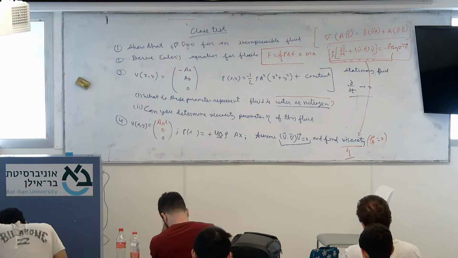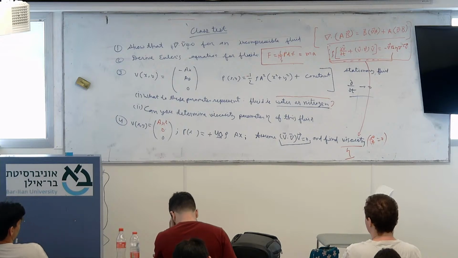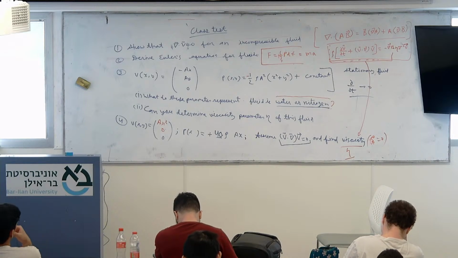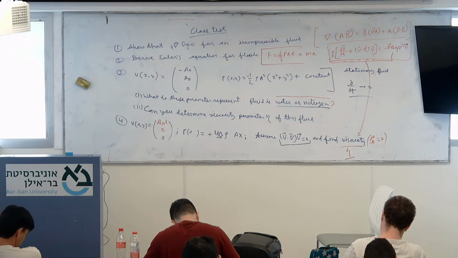Let's go now to question number 2. This is what we just said, that you have A. It's fine, still pressure cannot be negative here. You will get negative viscosity here.